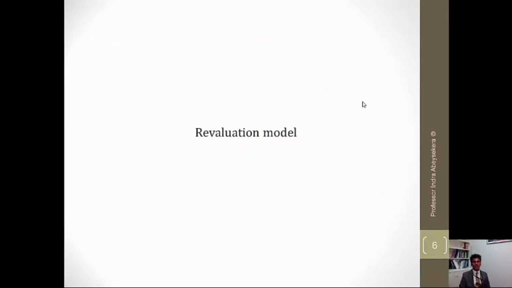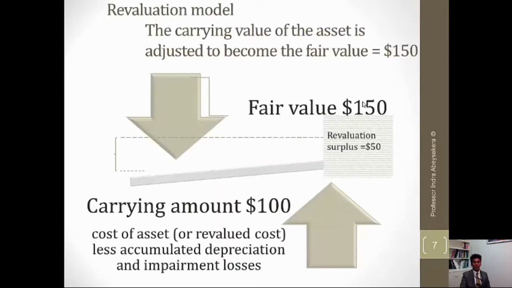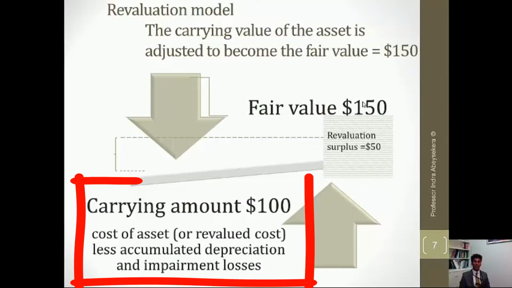Let's look at each model separately. Revaluation model. For us to revise the value of the asset, we must compare the carrying amount of the asset. It is the cost minus accumulated depreciation and impairment losses.